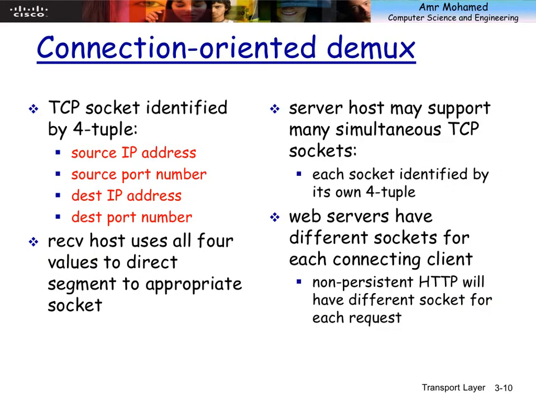In connection-oriented demultiplexing, a TCP socket is identified by the 4-tuple, or 4 pieces of information: source address, source port, destination address, destination port. The receiver host uses all 4 values to direct the segment to the appropriate socket, which indicates that for TCP, I have to create a socket for every single combination of these 4. Once the source port or the source address changes, on the server side, I have to create a different socket.